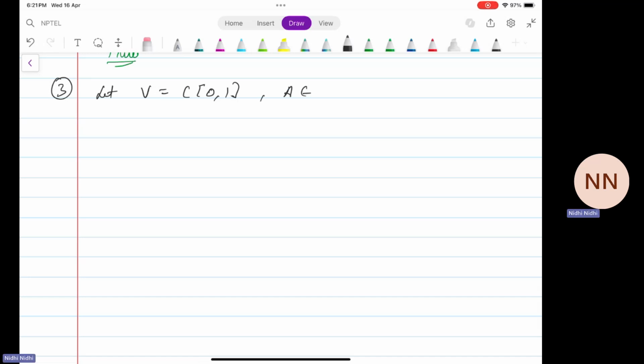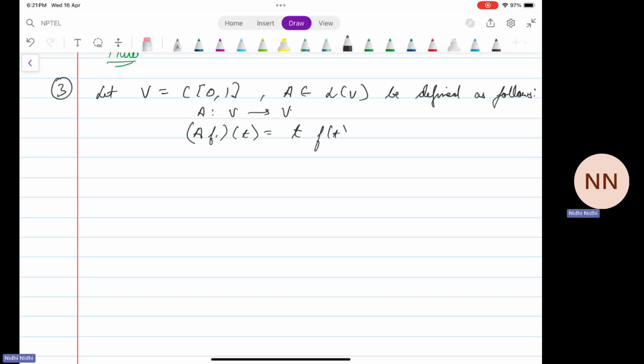And A be a bounded linear operator on V, defined as follows: A from V to V. AF is a vector in V. That means AF is a continuous function defined on closed interval 0 to 1 in such a way that AF at any point t is equal to t times f of t for every t in 0 to 1. And this is how we define A for every f in V.